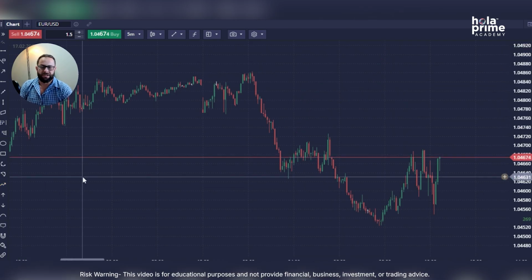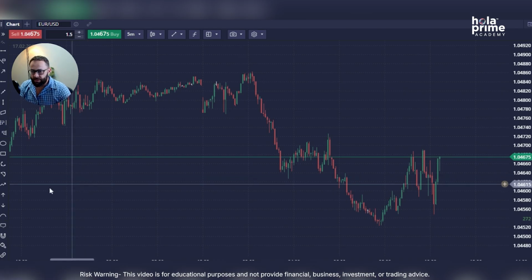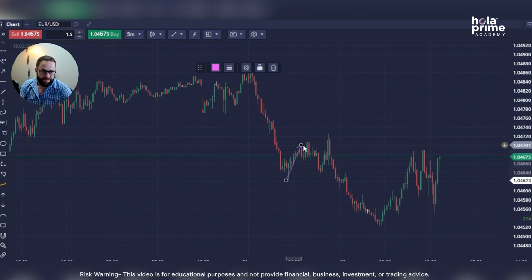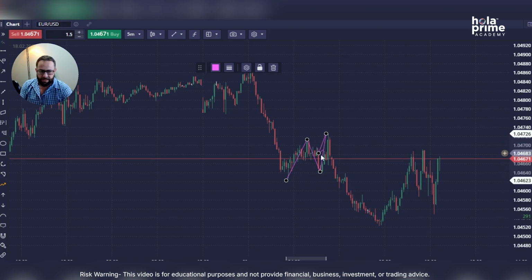Now today we're actually going to be looking at what's called a double zigzag. So instead of just having a singular zigzag pattern that then moves lower, price then fails to actually break to a new low, thereby ending the pattern as it would if it was the end of an ABC.